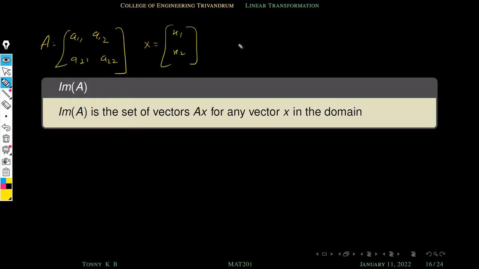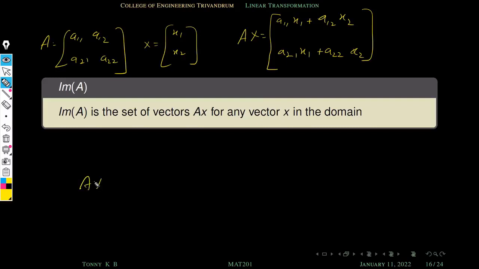Okay. Then what about the image Ax? By matrix multiplication, Ax is of the form A11 x1 plus A12 x2, and the second term is A21 x1 plus A22 x2. Okay, and we can rearrange this Ax like this.